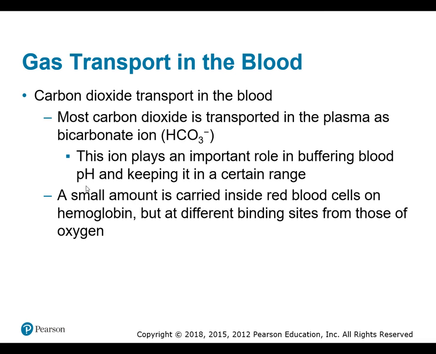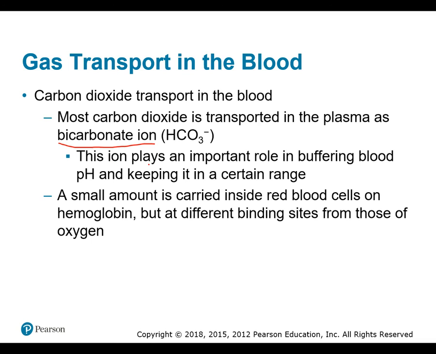Carbon dioxide, on the other hand, is transported in the blood a little bit differently. Instead of a lot of it attaching to red blood cells, most carbon dioxide is actually diffused into plasma because it is more soluble than oxygen. In plasma, instead of carbon dioxide, it's carried as a bicarbonate ion by attaching to a hydrogen.